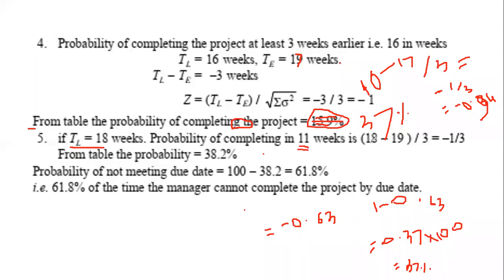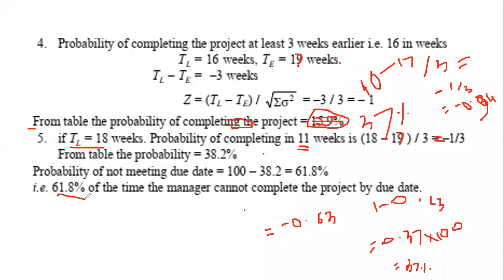Then 18 minus 17 divided by 3, because the sigma value is 3. Here it does not become minus, directly it comes 1 by 3, which is 0.34. That value is coming as 0.63. Is it right? So from the probability chart, that 63% or 62% is your completion due date.